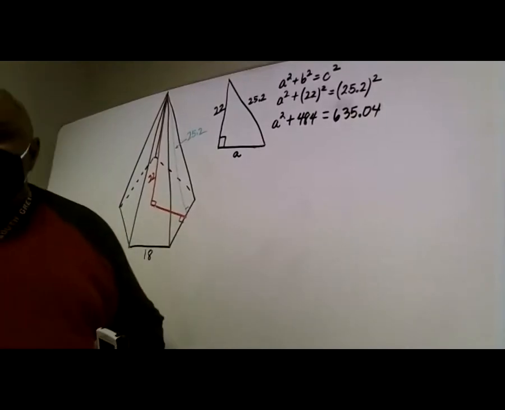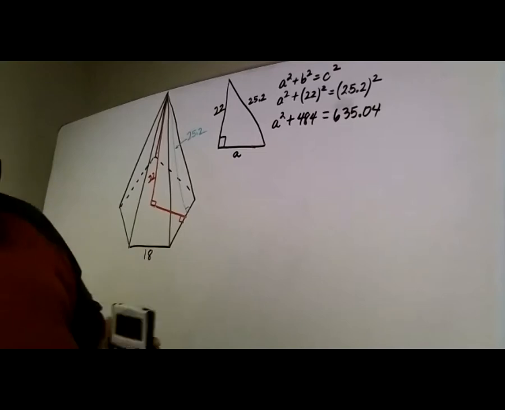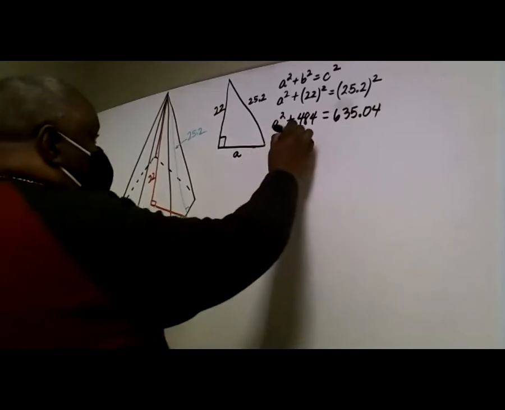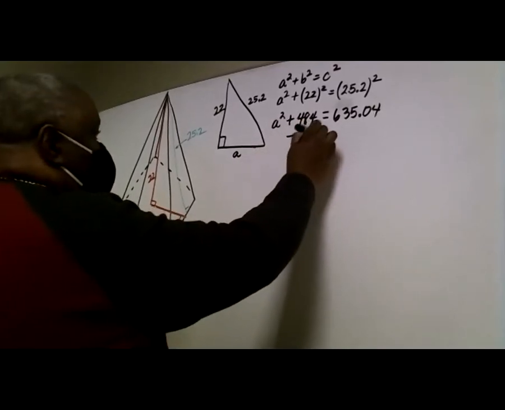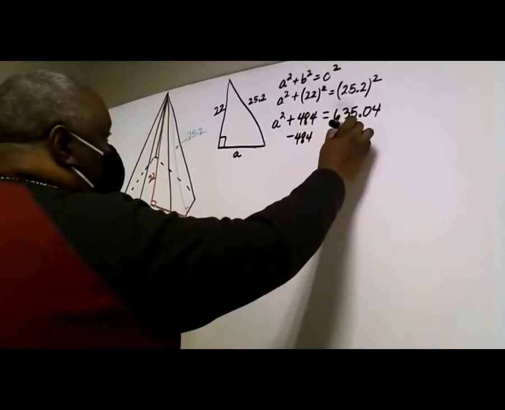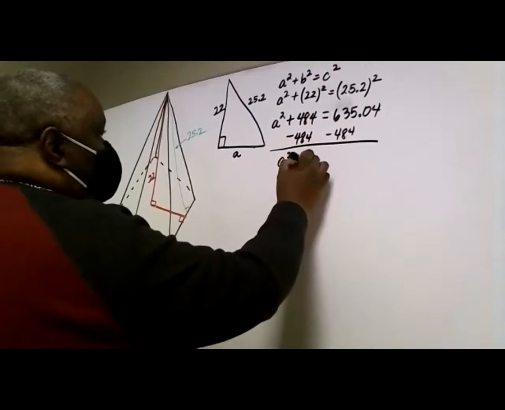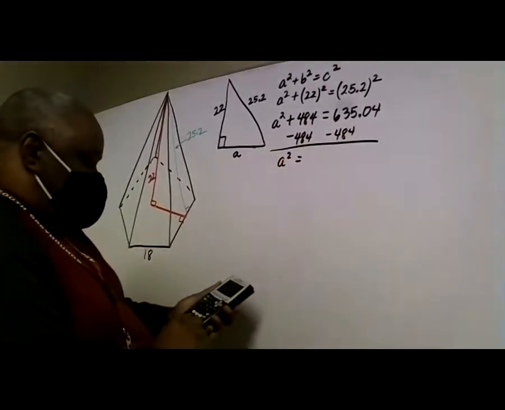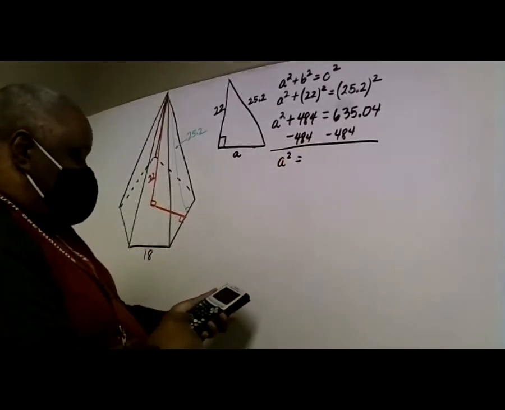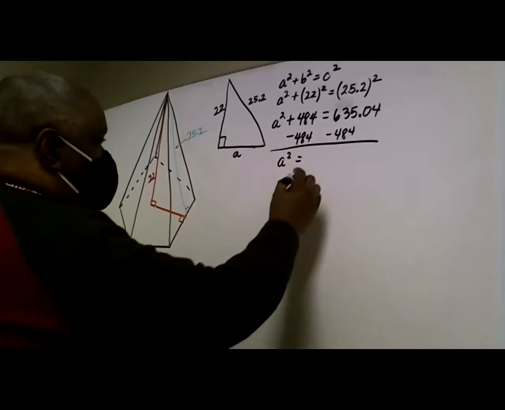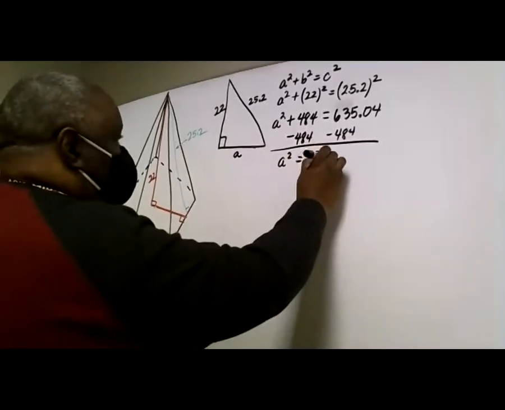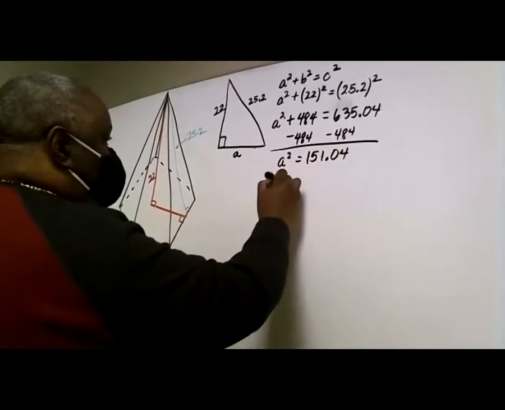And then to get A squared by itself, I'm adding 484, so I need to subtract 484 on both sides. So A squared is 635.04 minus 484. This will be 151.04.